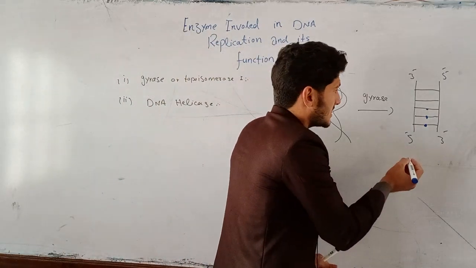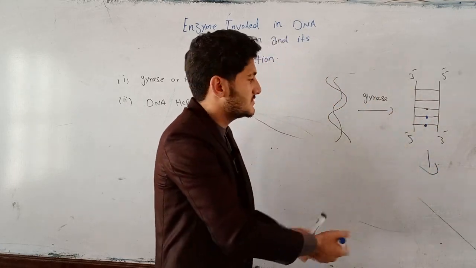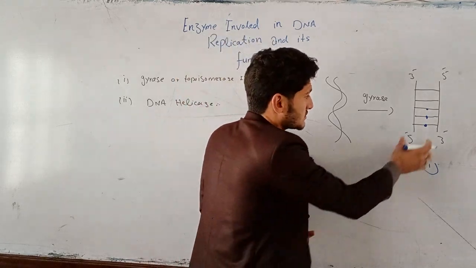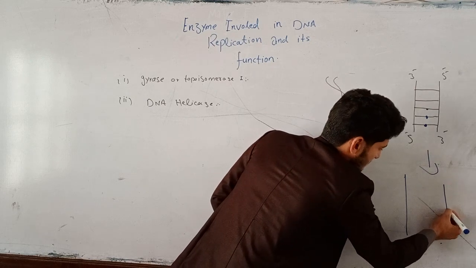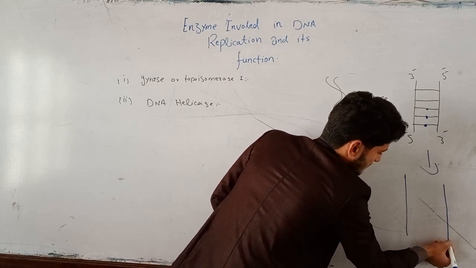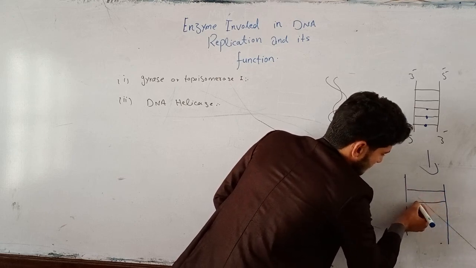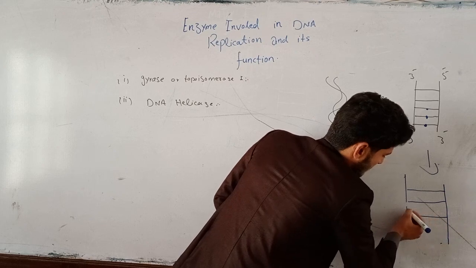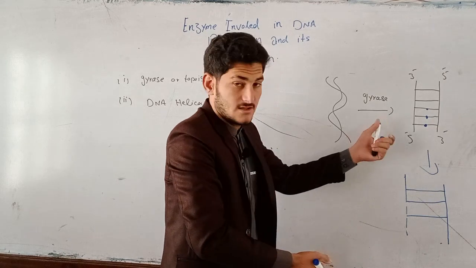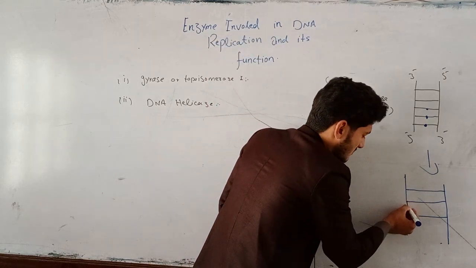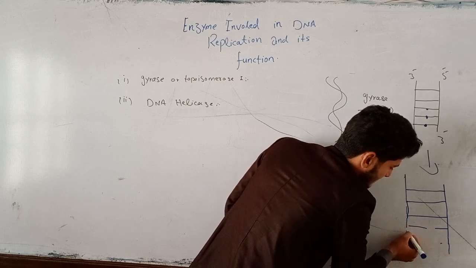So the function of the helicase enzyme is to break the hydrogen bonds present between the two polynucleotide chains. It continues its activity in the replication process. So this is the break due to the helicase enzyme.